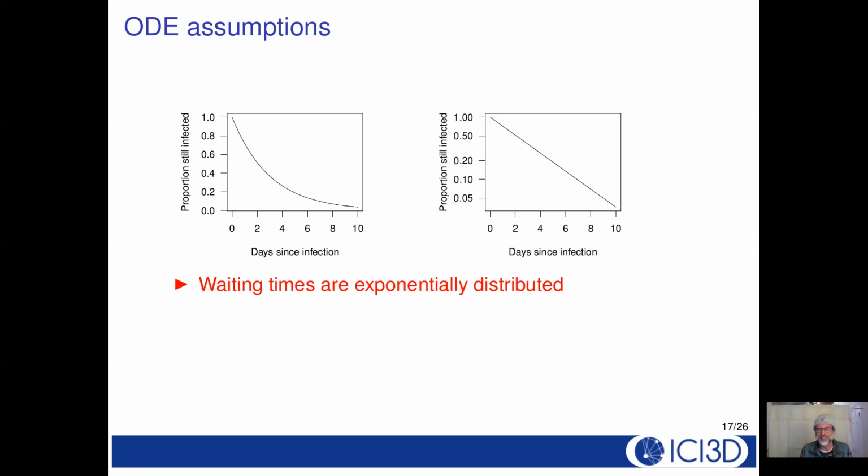And this memoryless assumption, which is conceptually simple, leads to exponential distributions for the amount of time that it takes to leave a box. And this really can be a strikingly unrealistic assumption.